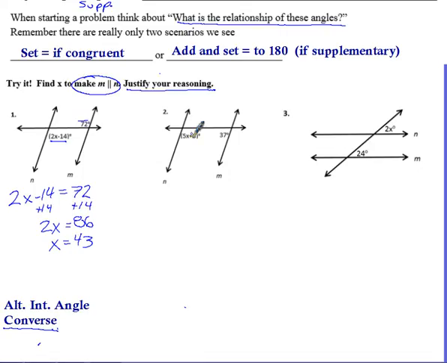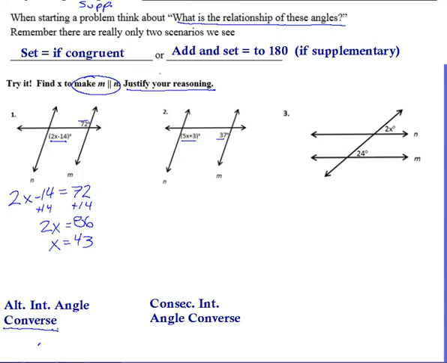The next one, what is the relationship of these angles? If I look at these two angles here, the relationship is that they are same side interiors or consecutive interior angles. So without even solving the problem right now, I'm able to justify what I'm about to do knowing that we're going to be using consecutive interior angle converse.